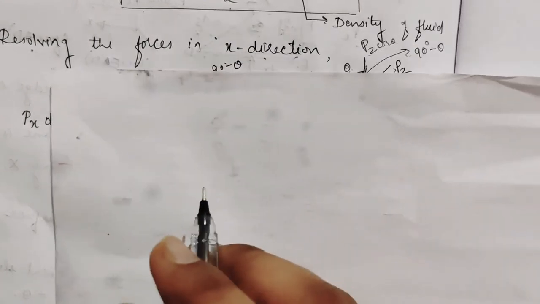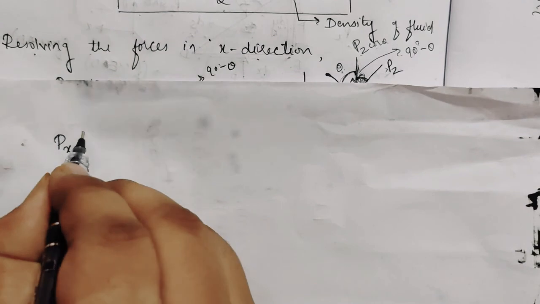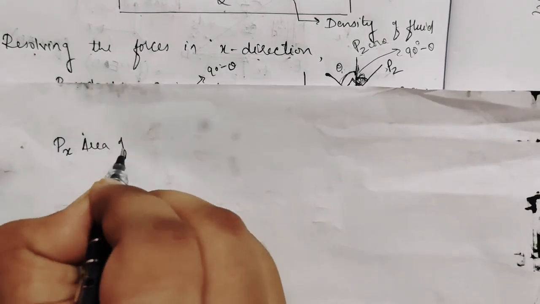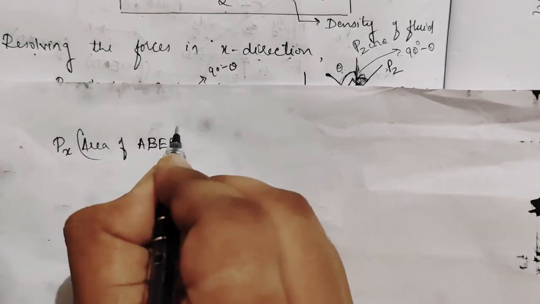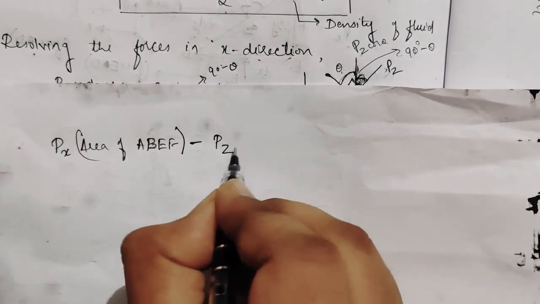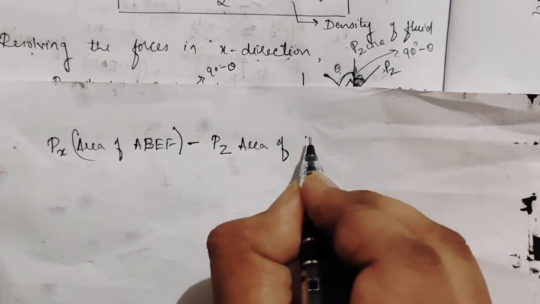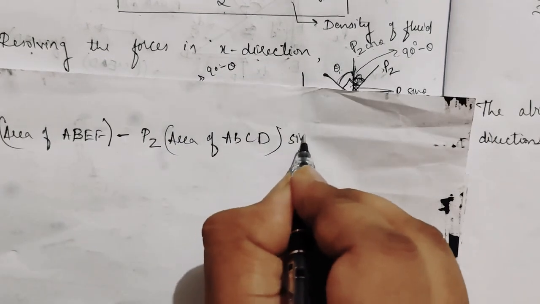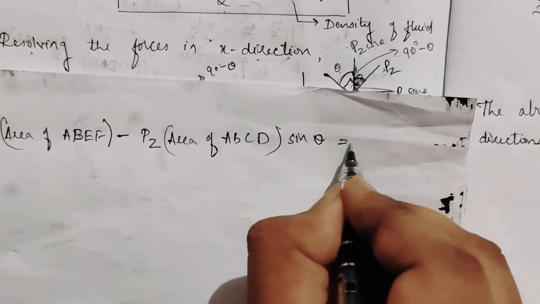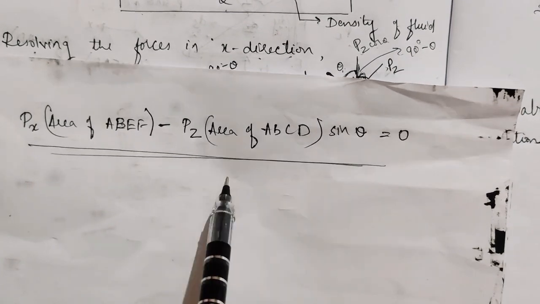What is that? px into area of ABEF minus pz into area of that face, which is ABCD, into sine theta is equal to 0. So we can solve by this concept also.